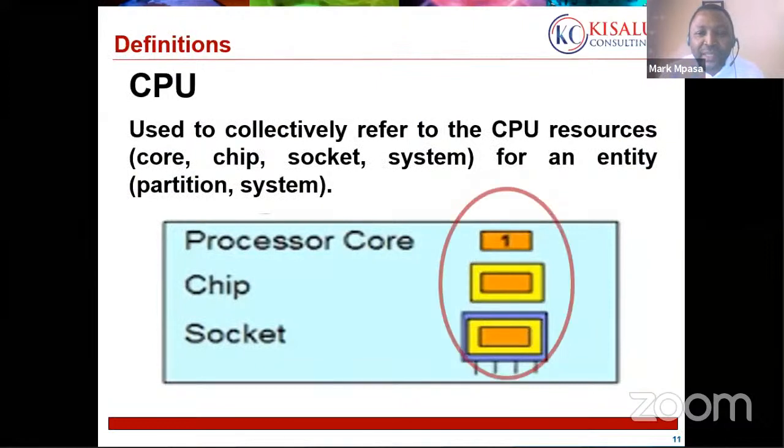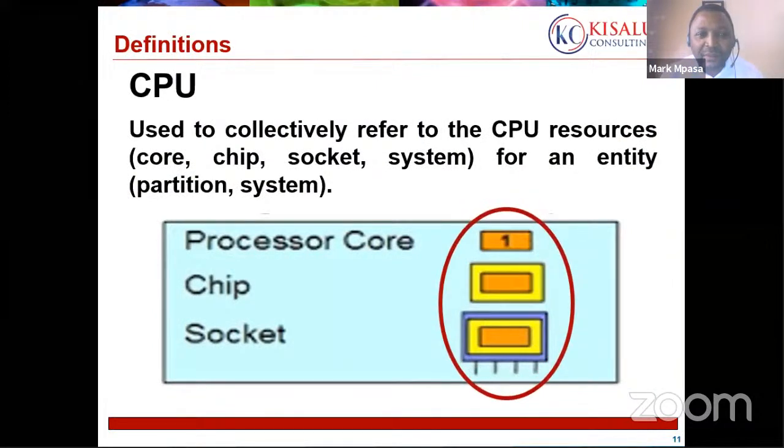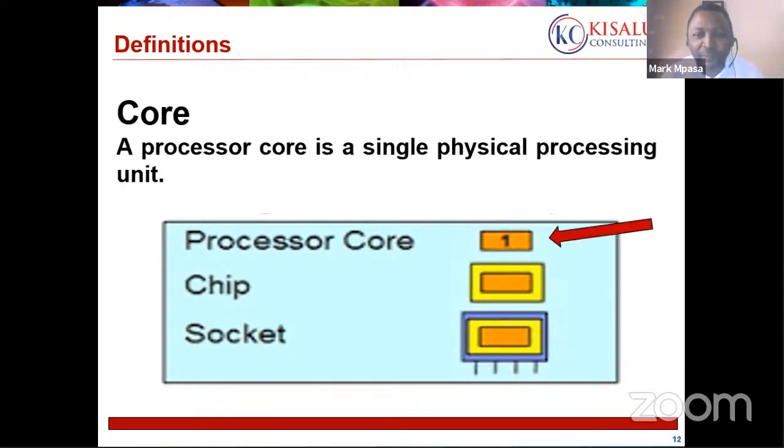We go through some definitions. Here we have what is called the CPU, the engine, which is a number of resources for a partition or a system. It includes the core, the chip, the socket, and other relevant items that form part of the system.